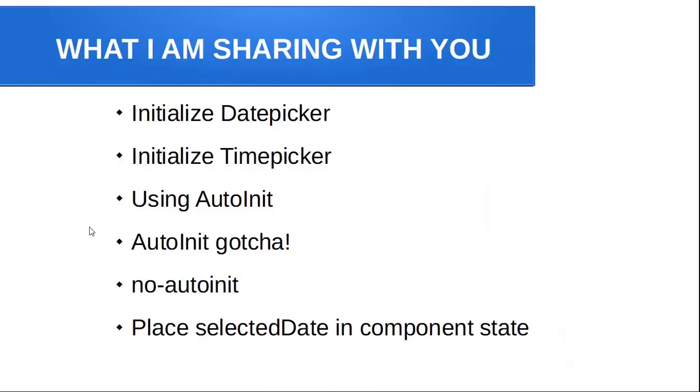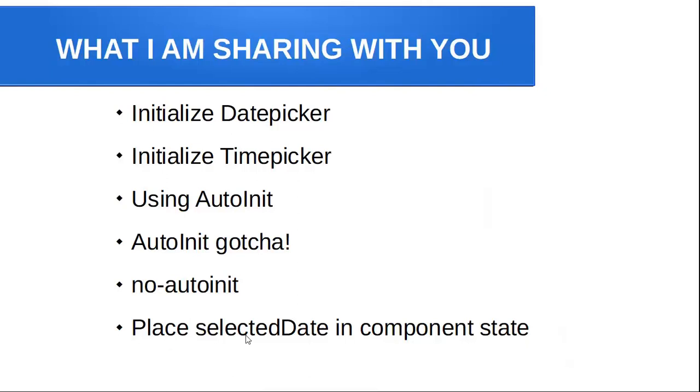The whole motivation for me creating this video for you guys is that I found it very difficult, when I was dealing with the component state in the React app, to use the native date time picker from Materialize CSS.